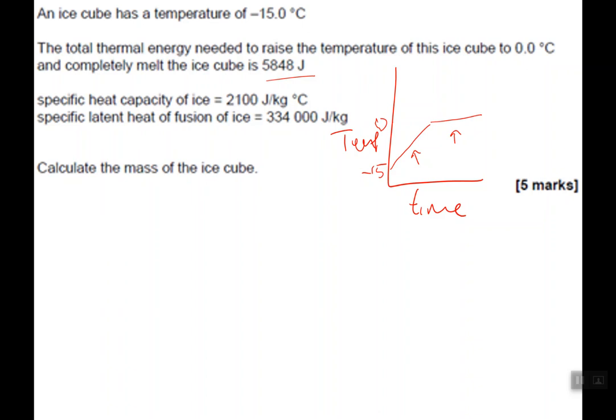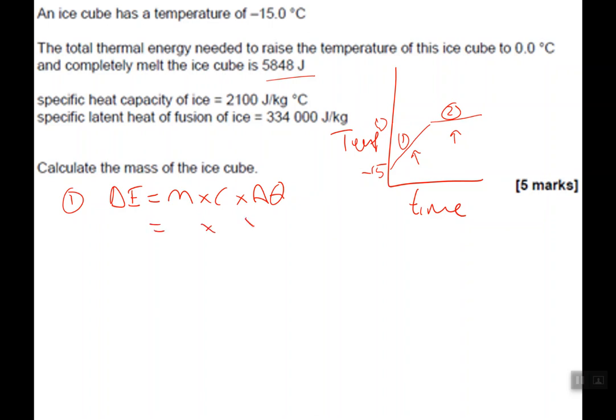Right. So we need to just simplify this at the start. We're looking at stage, let's call this stage 1, stage 2. So at stage 1, we're increasing the temperature from minus 15 to 0. So that's to do with specific heat capacity because we're changing temperature. So the change in energy is equal to mass times specific heat capacity times change in temperature.